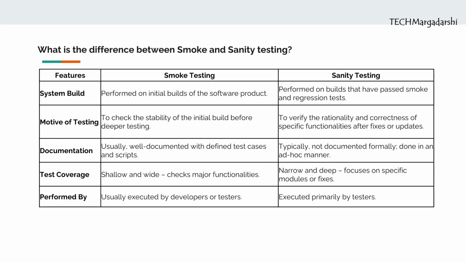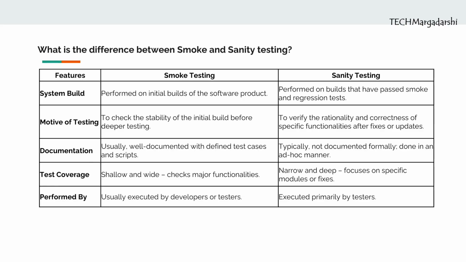Now move on to the next question. What is the difference between smoke and sanity testing? Smoke testing is done on initial builds of the software. Its main goal is to check whether the build is stable enough to proceed with further testing. It follows a shallow and wide approach, verifying all major functionalities. Smoke tests are usually documented and scripted, and can be performed by developers or testers. On the other hand, sanity testing is done after the build passes smoke and regression detection tests.